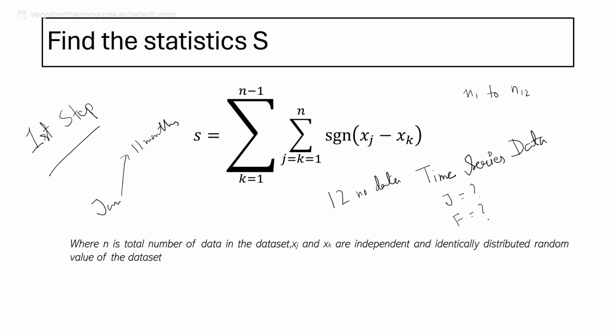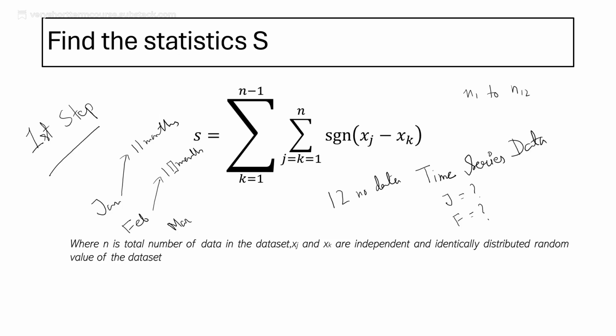Okay. Then compare the data of February with all the other 11 months' data. As you have already compared January and February once, you'll compare the data of the other 10 months' rainfall, correct? Then come to March. Already you have compared with January and February.